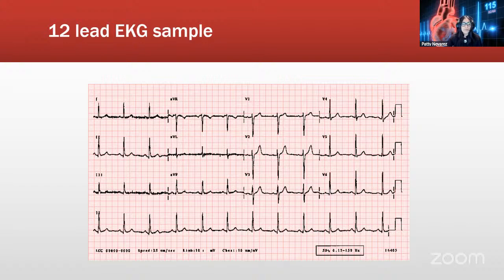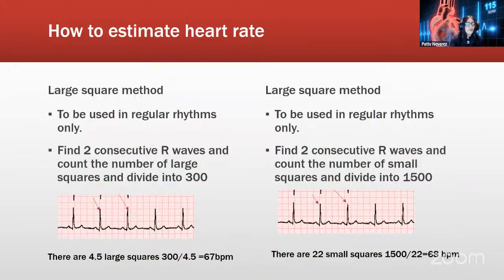Then the other two ways to estimate the heart rate are going to be the large square method and the small square method. Let me see if I can make an annotation here so we're not that confused.